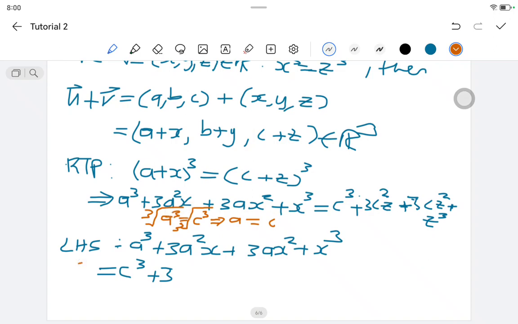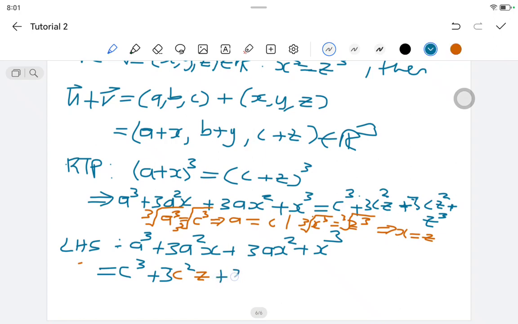Then here I know already that on a I'm going to substitute c. And again, since x cubed is equal to z cubed, I can just cube root, and this will imply that x is equal to z. So I can just come and substitute there.